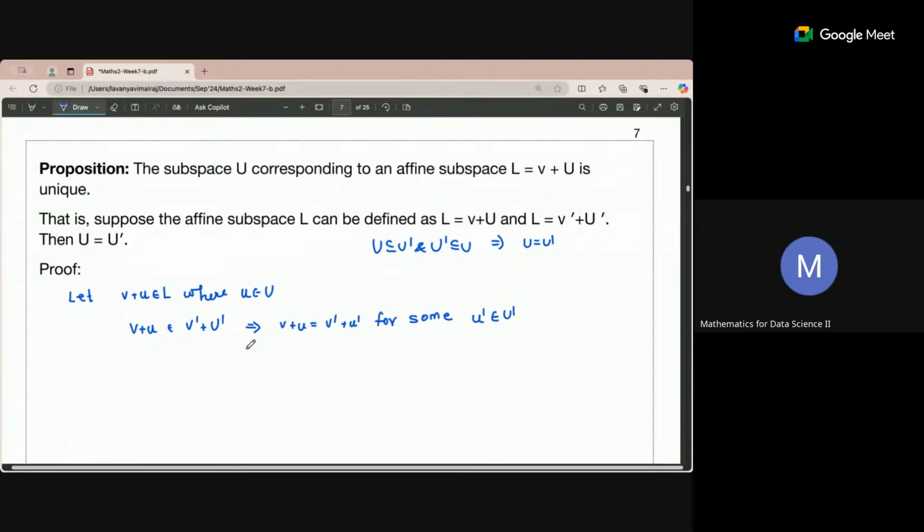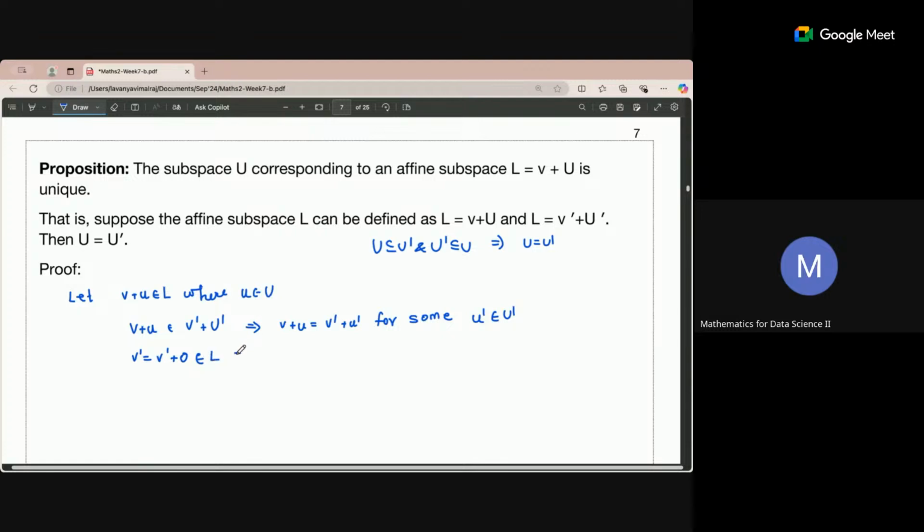Correct? Remember, your V dash is nothing but V dash plus 0, where you can observe this 0 as an element of U, so this belongs to L. All the time, whatever this V or V dash you are having, this always belongs to L. Remember that.